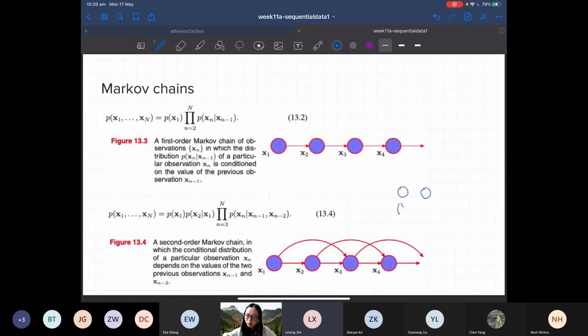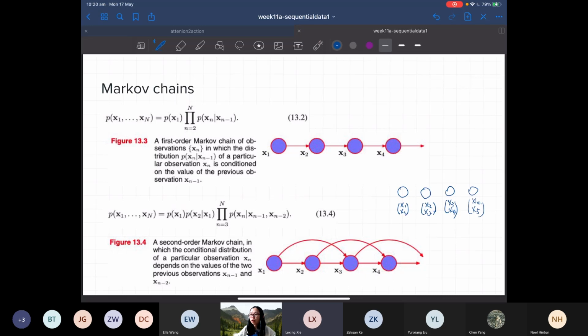You make a variable a vector: x1, x2; x2, x3; x3, x4; x4, x5.